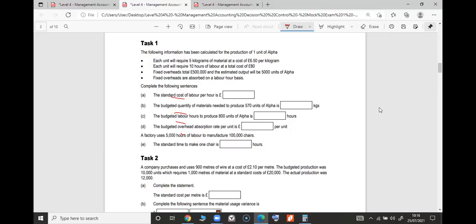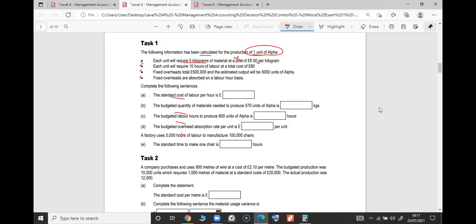The following information has been calculated for the production of 1 unit of alpha. So only 4 items of information given. Each unit will require 5 kilogram. Read very slowly, easily, nicely, so that you can digest and work it out. Materials at a cost of 6.5. I'd like to do that calculation.